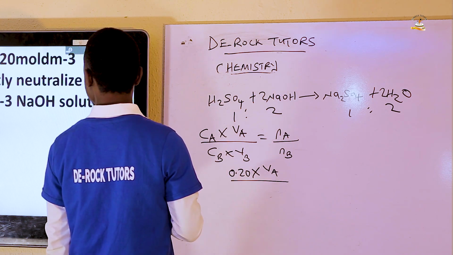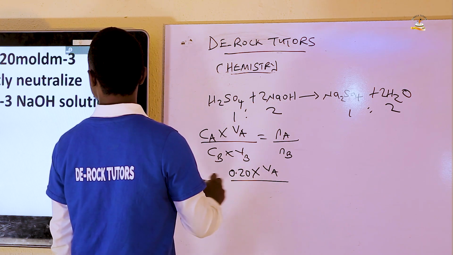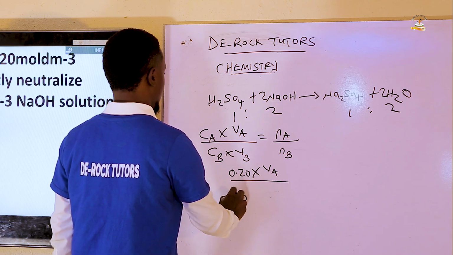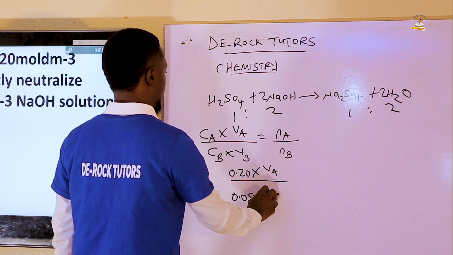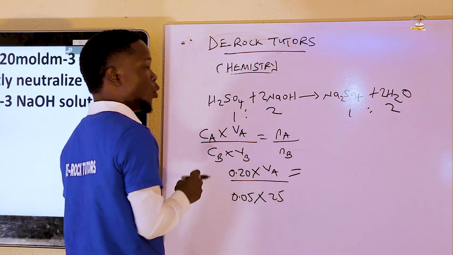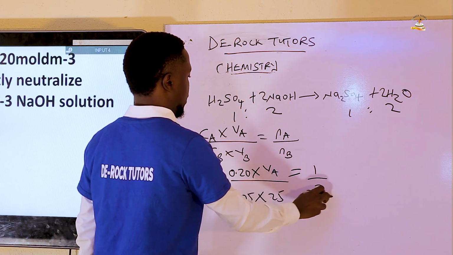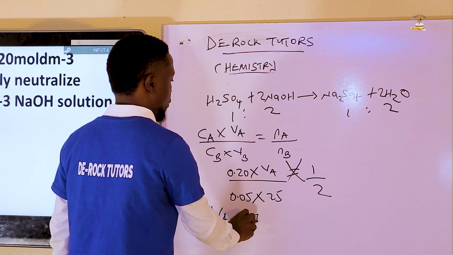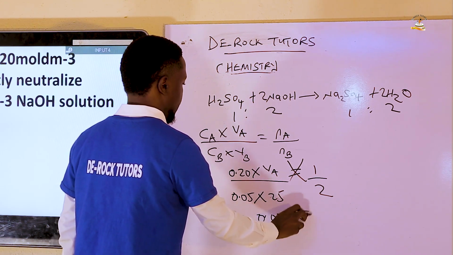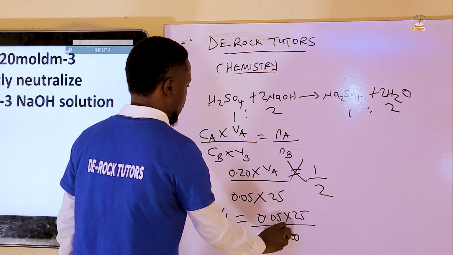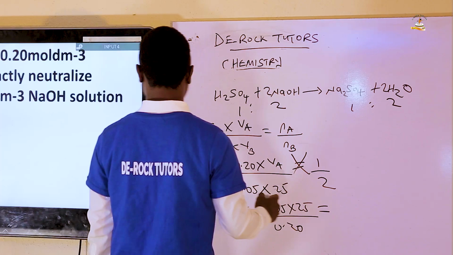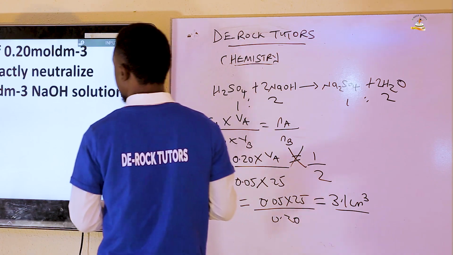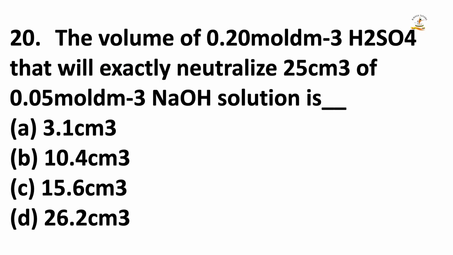The concentration of the base given in the question is 0.05 mole per dm cube, while the volume is 25. And the number of mole of the acid is 1/2. So when we multiply, the volume of the acid will be equal to 0.05 times 25 divided by 0.20. So the answer would give us 3.1 cm cube. So that's option A.